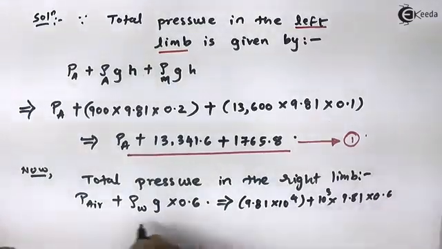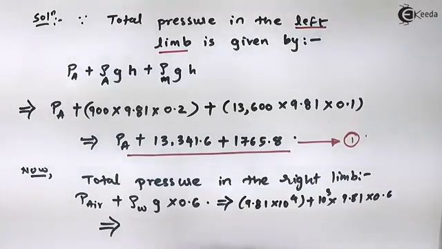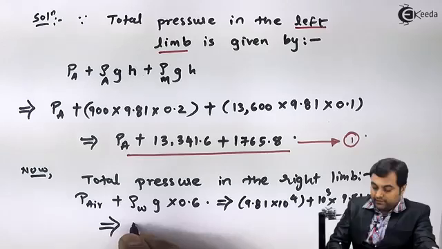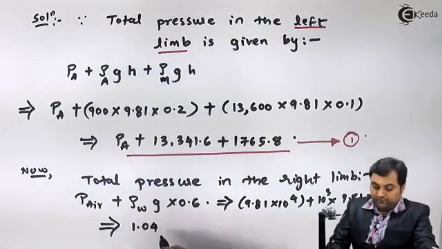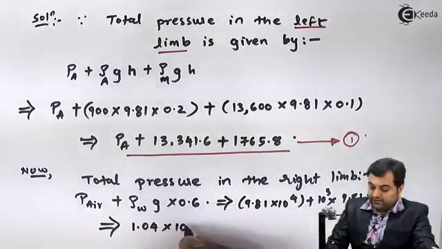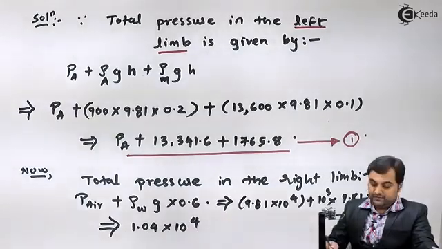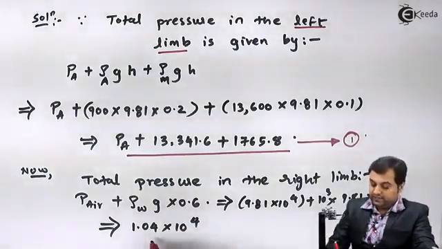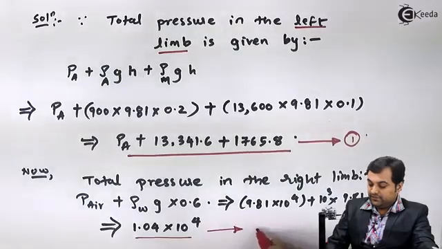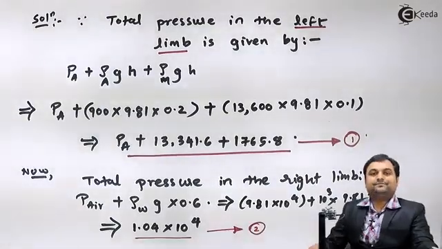So from this if I calculate, I have the value as 1.04 into 10 raised to 4. This value I'll keep as equation number 2.